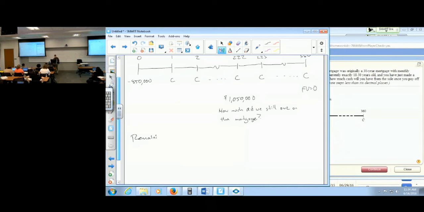So actually, let's say this: the balance on a loan at any point in time is the present value of the remaining payments.